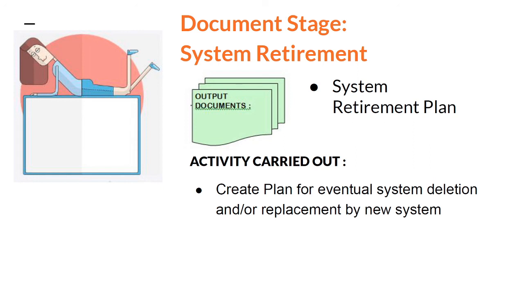Again, at this point we need to decide how the system is going to be retired and how the users of this legacy system are going to be migrated onto the new system that's taking its place, and that needs to be done in a safe and secure way so that it doesn't affect the business operations of the customer.